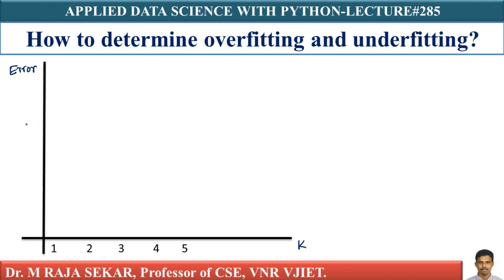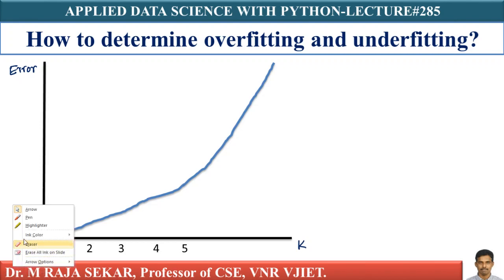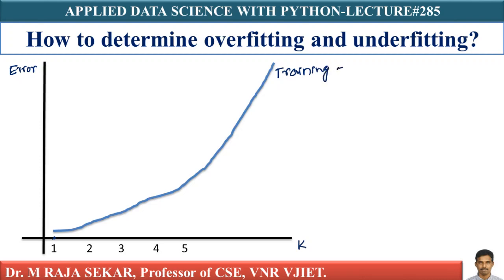First, I will draw my training error. Observe this graph. This is k equal to 1, and this curve indicates the training error curve. When k equal to 1, training error is very low, almost 0.